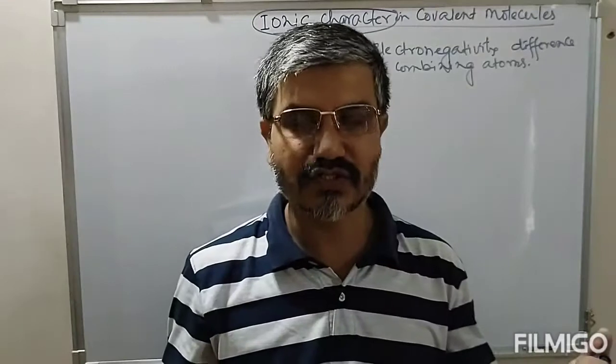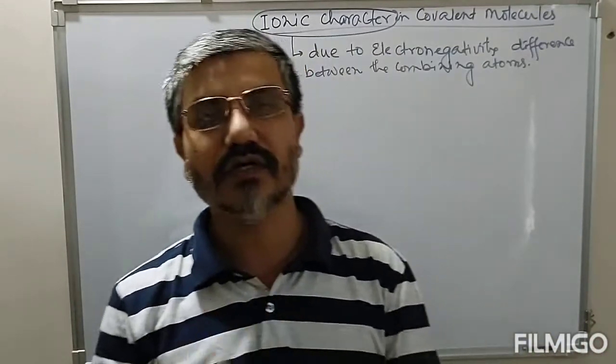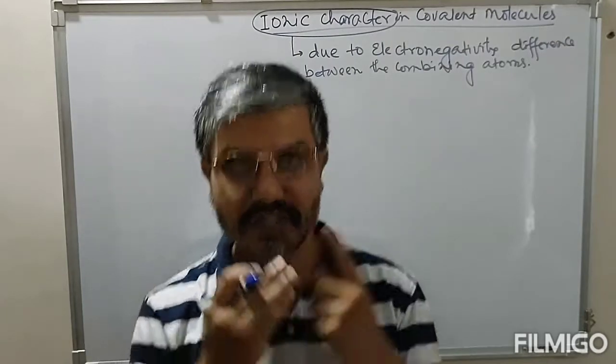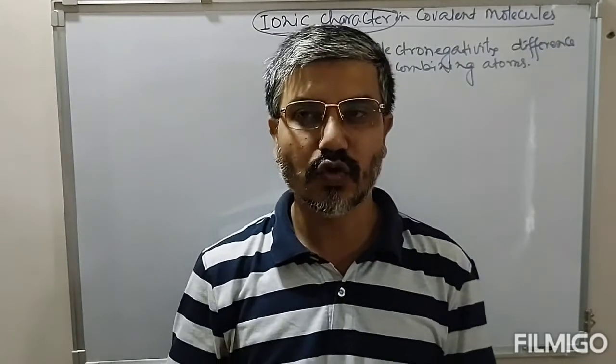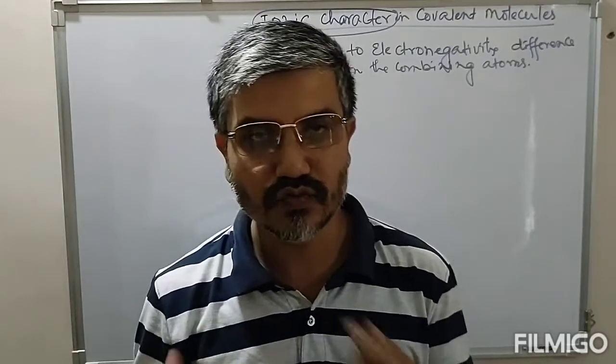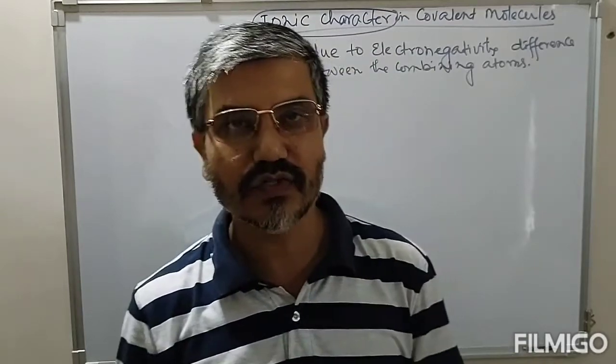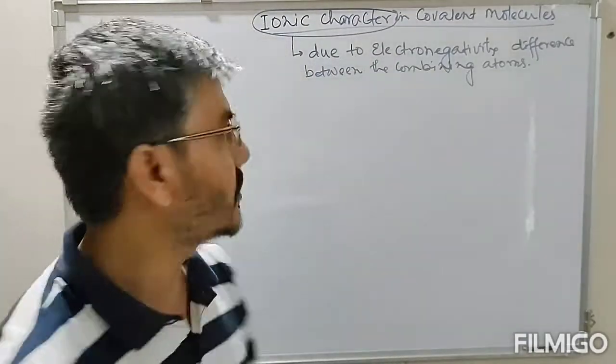If there exists an electronegativity difference between the combining atoms, then there is known as polarization of the covalent bond. The polarization of covalent bond due to the electronegativity difference gives rise to the ionic character in the molecule.